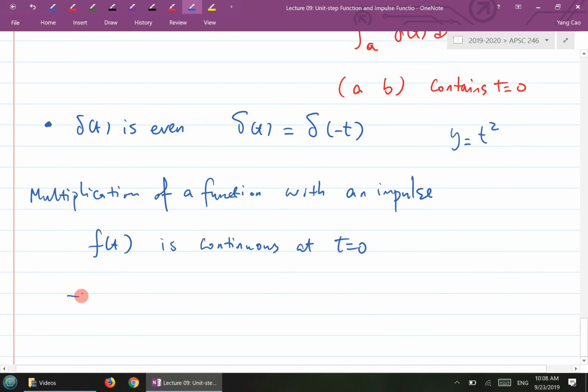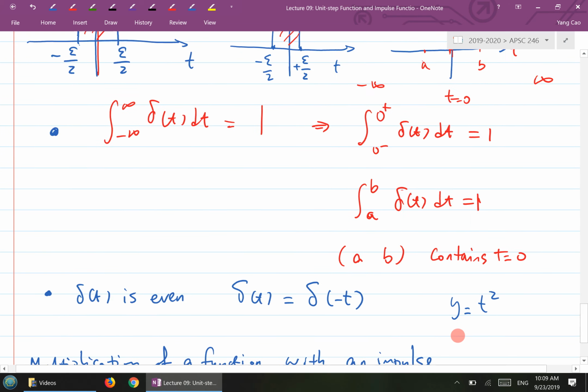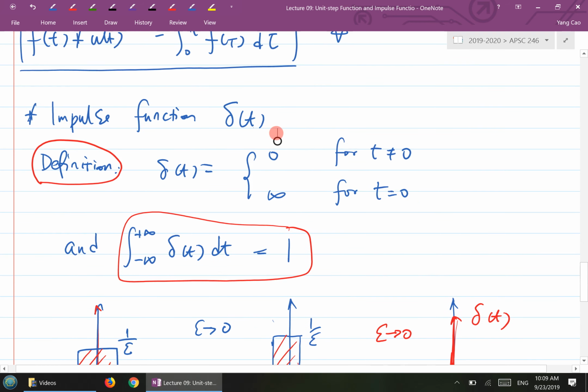Now, if I use f of t multiplied by delta t, let's examine what happens. First step, go back to the definition of delta t. When t is a non-zero value, it's all 0. And when t is 0, there is a very big value, infinite.